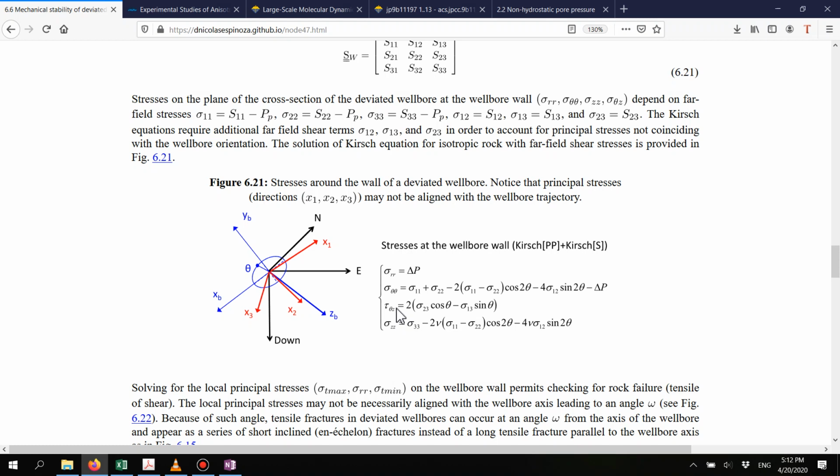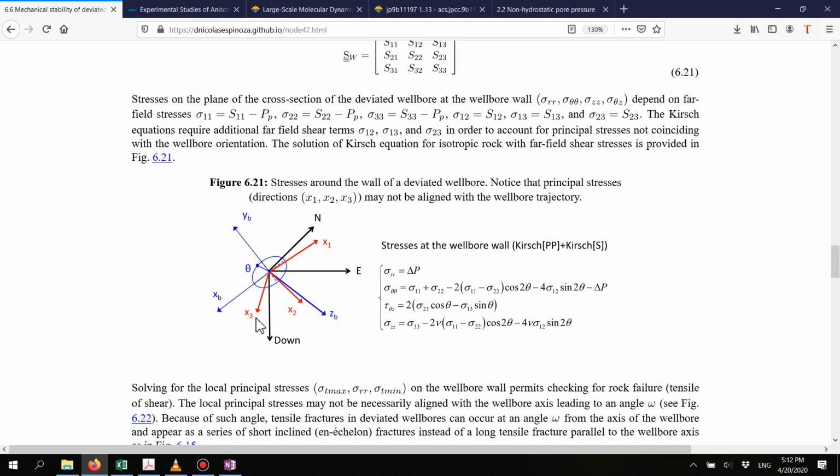And this shear stress shows up because now the direction of our wellbore, here given by the axes x, y, and zb, is not aligned with the direction of the principal stresses, here given as x1, x2, and x3.